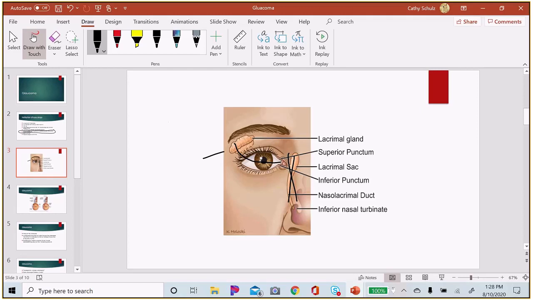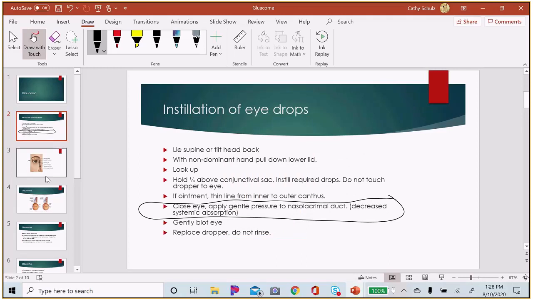We wanted the medication to absorb on those membranes. This time we don't. So you have to place pressure on that nasolacrimal duct. So be sure that you're remembering that.